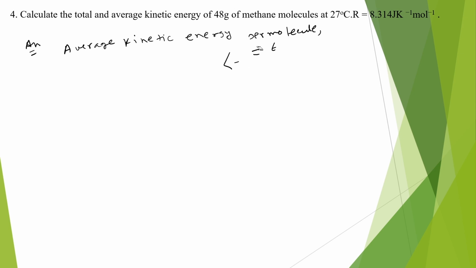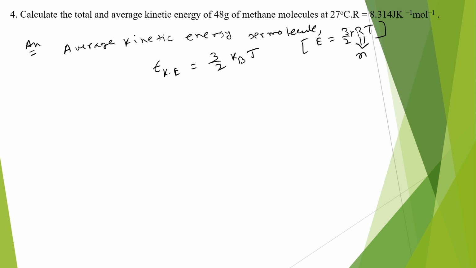So, average kinetic energy, we write epsilon, kinetic energy is 3 by 2 kBT, because we know kinetic energy E is 3 by 2 RT for 1 mole. Okay. So, R is n, number of moles, suppose.